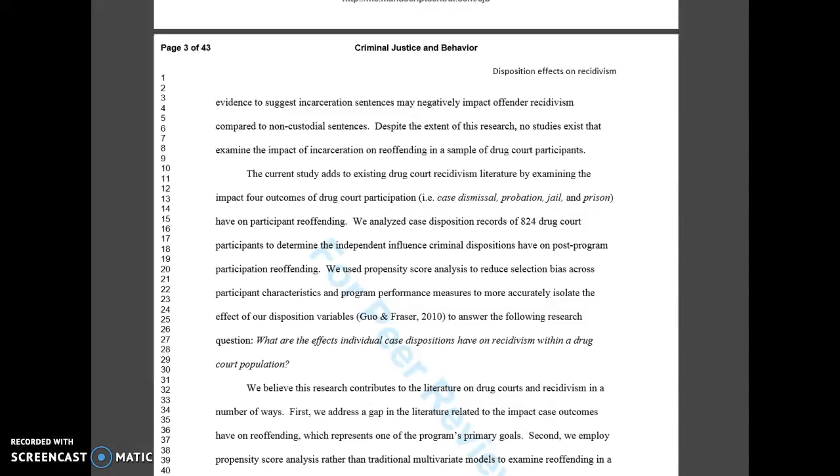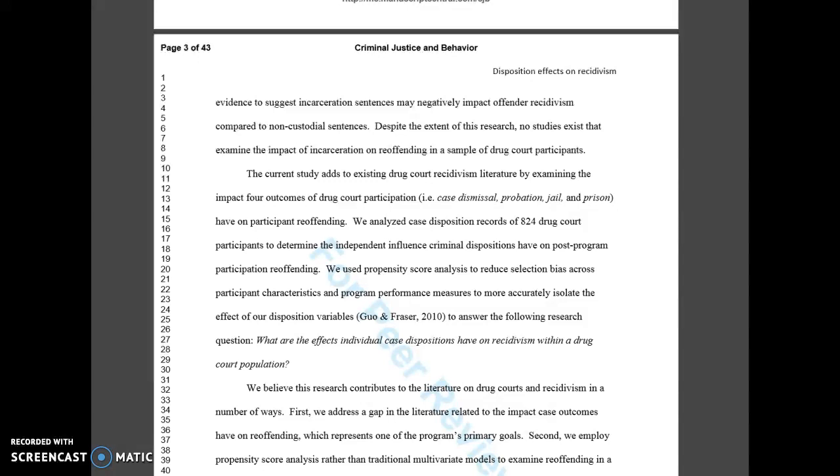So question 1 of your quiz was, what is the primary purpose of this research? Boiled down, the answer is to examine the effects of case dispositions, or rather the 4: dismissed, probation, jail, and prison. And what are those effects on the drug court population and the likelihood of recidivism?